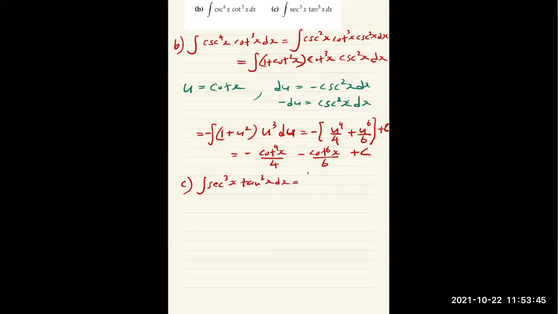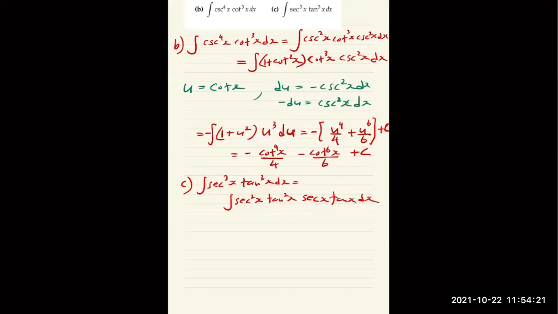I'm rewriting that integral as secant squared x times tan squared x times secant x tan x dx. To get the desired form, I need to have secant x tan x at the end. Of course, if you simplify this expression, you get this integrand back.